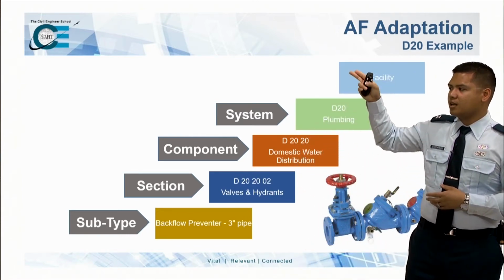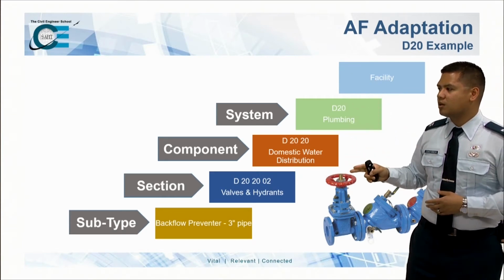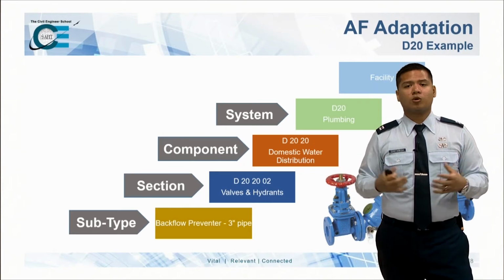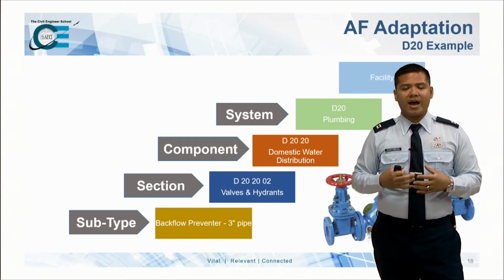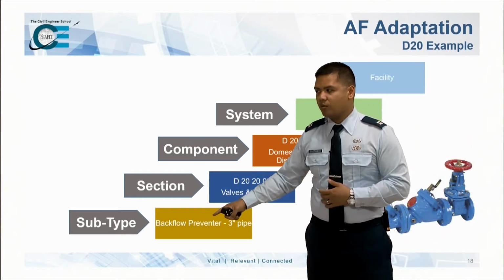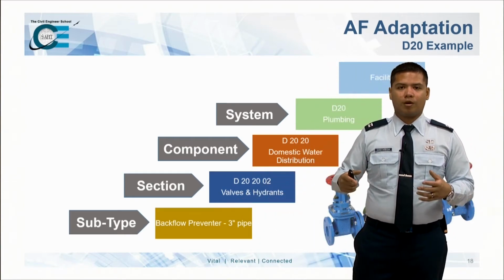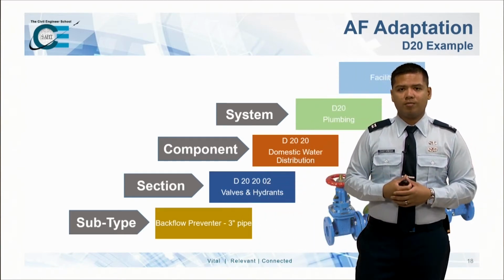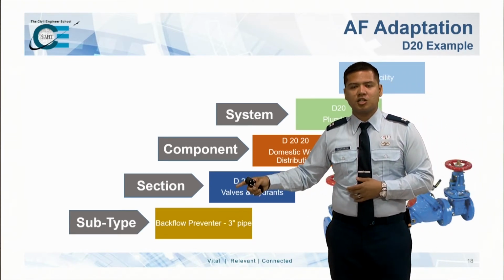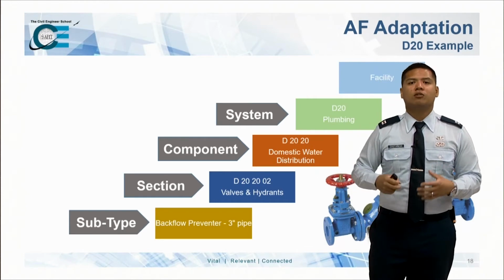So we see that our facility is broken down at each of these levels, and that backflow preventer is the particular asset that we're concerned with. It's at the subtype and section level that we're actually going out and doing assessments.